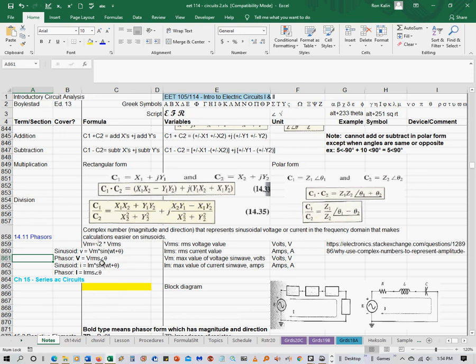If that's negative, then this is going to be negative. It's the same number. And then an example of a sinusoid with amperage current would be i equals I sub m times the sine of omega t plus theta. And again, this is going to be theta I or something like that.